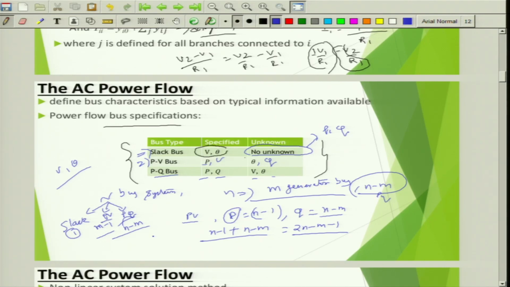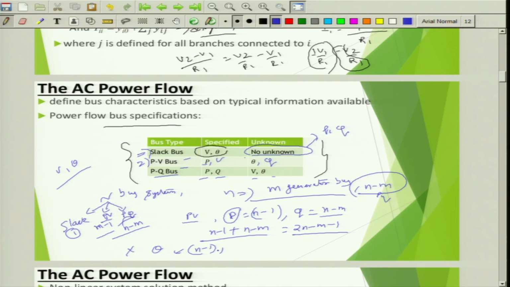How many unknowns do we need to determine? Basically voltage and angle. How many angles do we not know? We do not know the angles in the PV bus and in the PQ bus also, so n minus 1 theta are unknown.